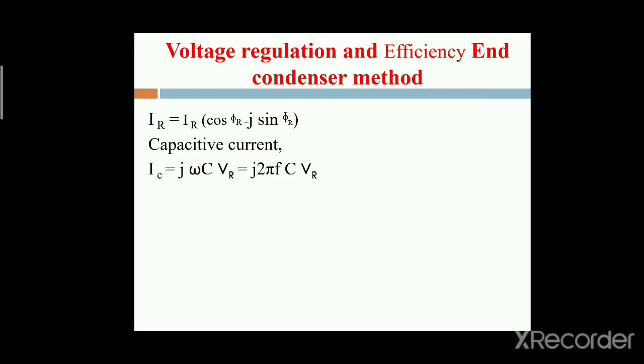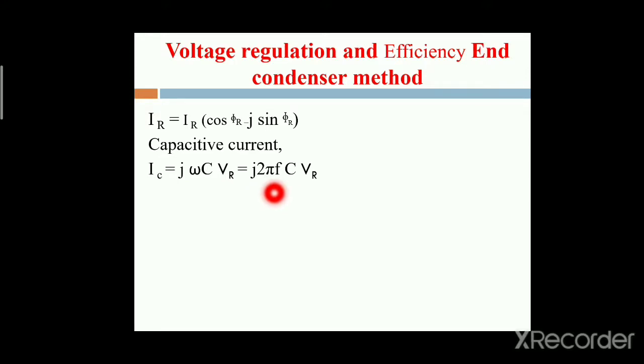Next, what is the capacitive current? Capacitive current means the IC, that is the current flowing through the capacitance. IC is equal to J omega C VR. In that, what is the formula for omega?